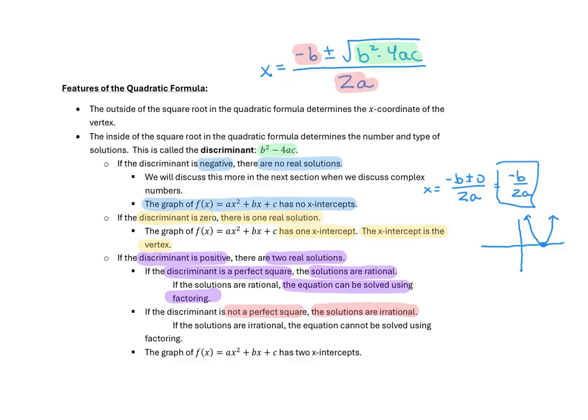We would have to do completing the square or quadratic formula. The other thing that we have in this case is the graph has two x-intercepts. For both of these, whether they're rational or irrational, we should have two x-intercepts.